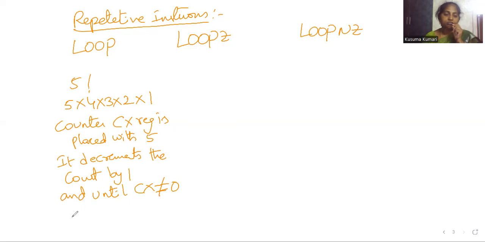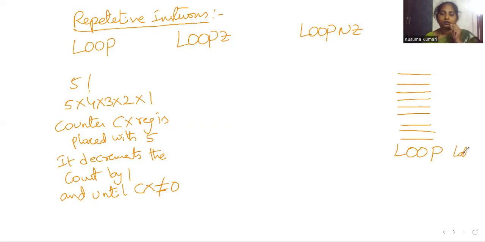Those instructions are under the loop. For example, these are the instructions. Here I am giving the loop, and this is the label. The microprocessor executes the instructions sequentially, one after the other.